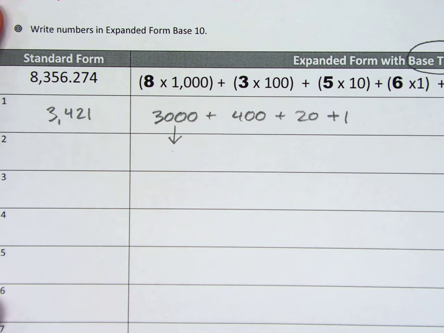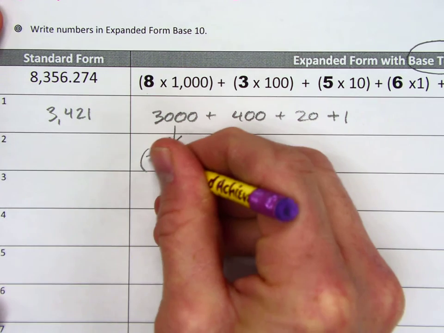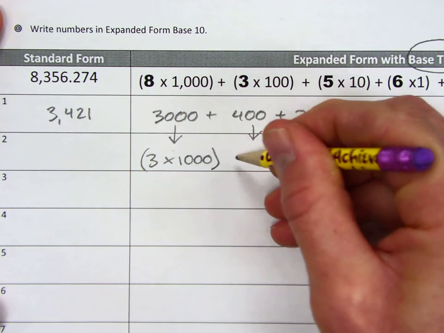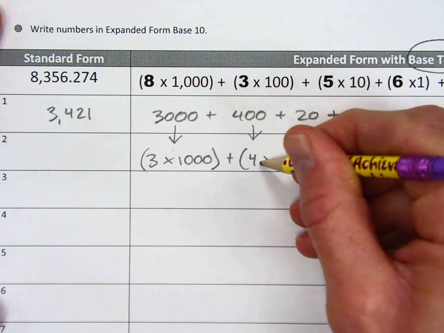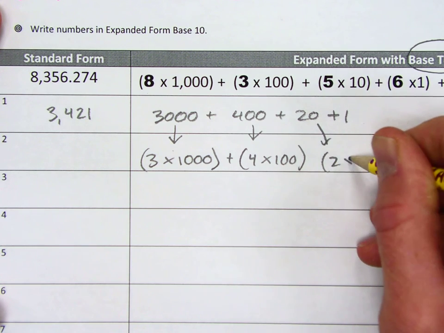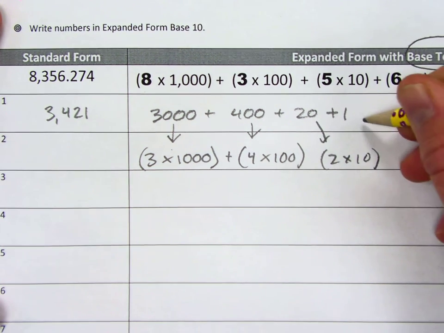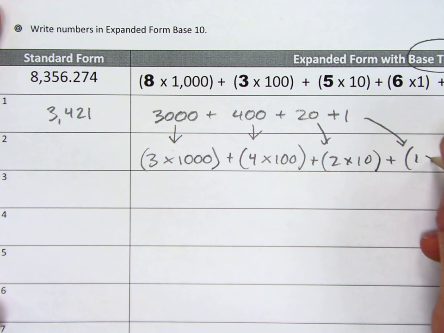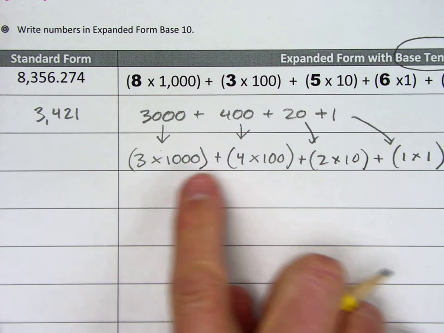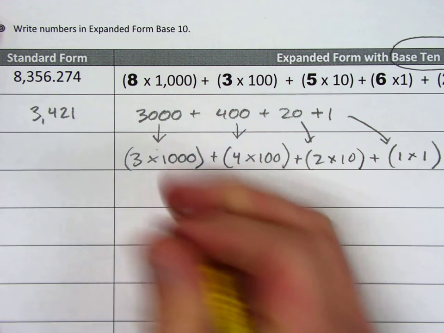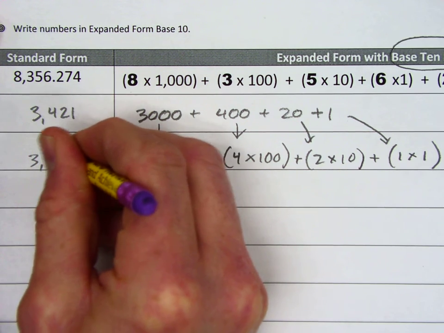The number 3,000 is not just 3,000, it's 3 times 1,000. 400 is 4 times 100. 20 is 2 times 10, and 1 is 1 times 1. So that is the way that number would be written, not merely in expanded form, but expanded form with base 10. The same number here, 3,421.